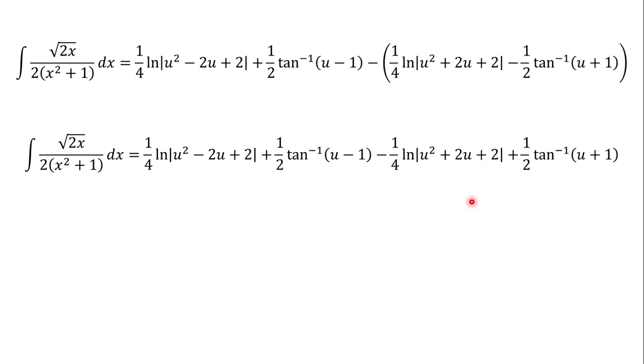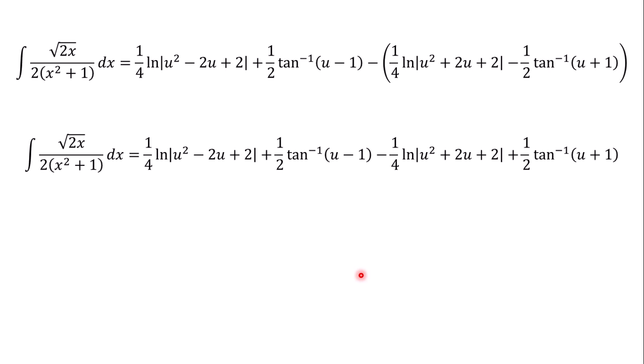Why? Because from the laws of logarithm, log a minus log b is equal to log a over b. When we reverse log a minus log b, I'm just going to get log a over b.